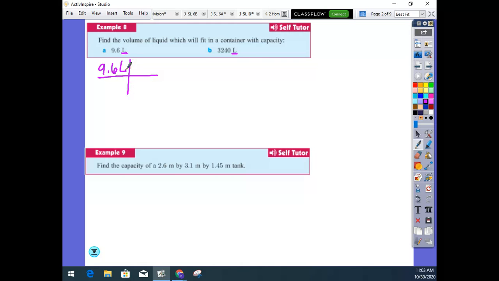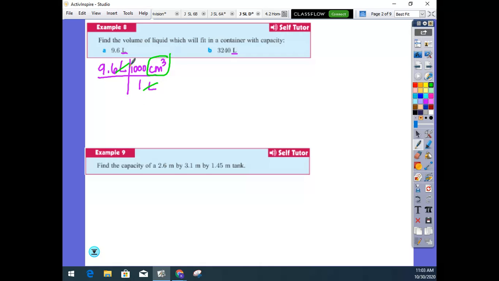If I want to do liters, I always put liters on the bottom. If I want to turn it into cubic centimeters, there are 1,000 cubic centimeters for every 1 liter. I always need to alternate the units I'm going to cancel. So I can cancel my liters and I'll be left with cubic centimeters.